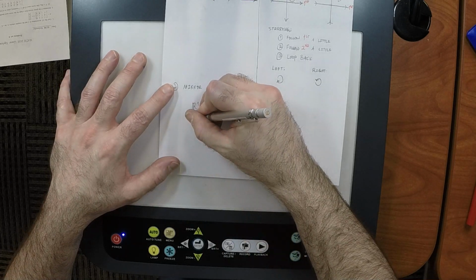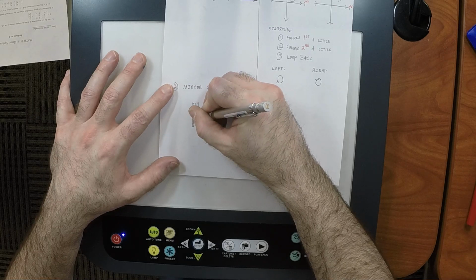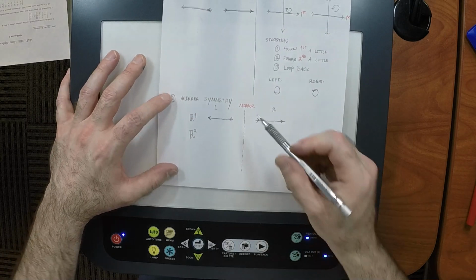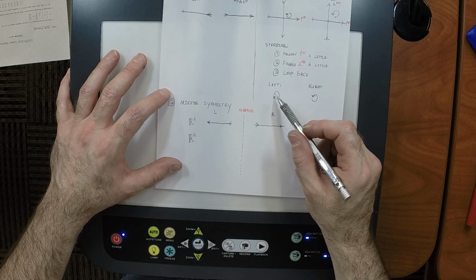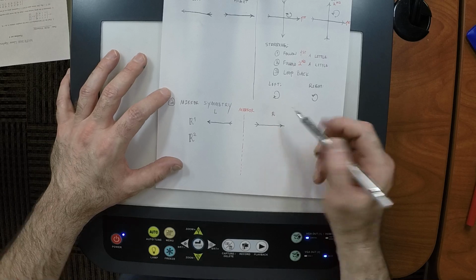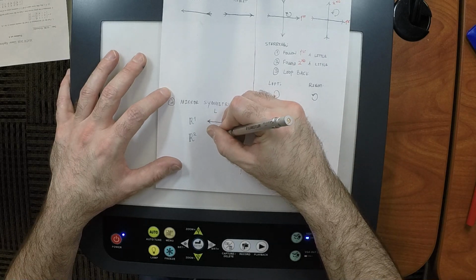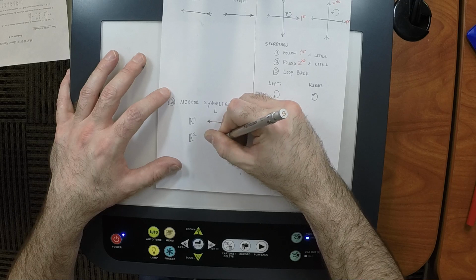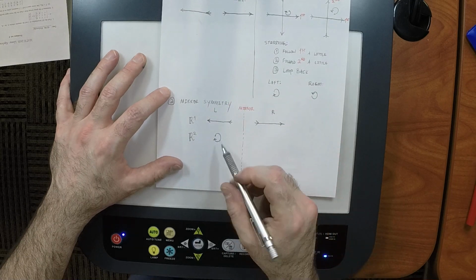In the case of R2, the left-handed swirl looks like this. So we start there, and then come back and follow the clock.